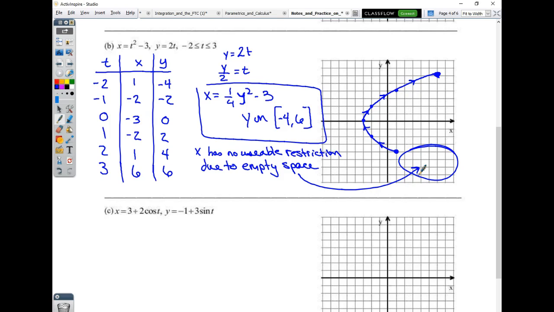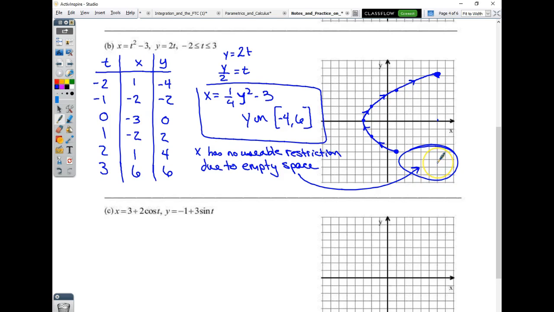Now, if I were looking at this problem, I may be tempted to say that the x restriction would be from -3 to 6. But then that would be all y's that would result from my x values from -3 to 6. Right? Well, what if I say x equals 6, could I just as easily have gotten this point down here at t equals -3?